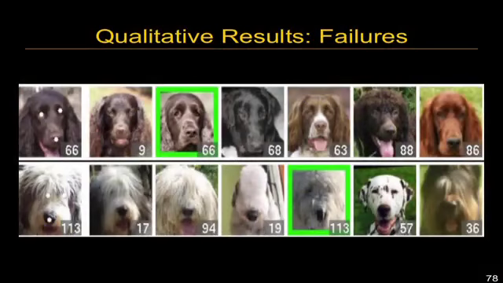Here's a couple of examples where we don't get the right answer. So on the top, the correct breed is second, not first. And this is probably just because these two breeds look very similar, and it's very hard to tell them apart. On the bottom, we're getting the correct breed as number 4. And if you look closely at these white dots here, you can see that we're not getting the eyes of this dog correctly.